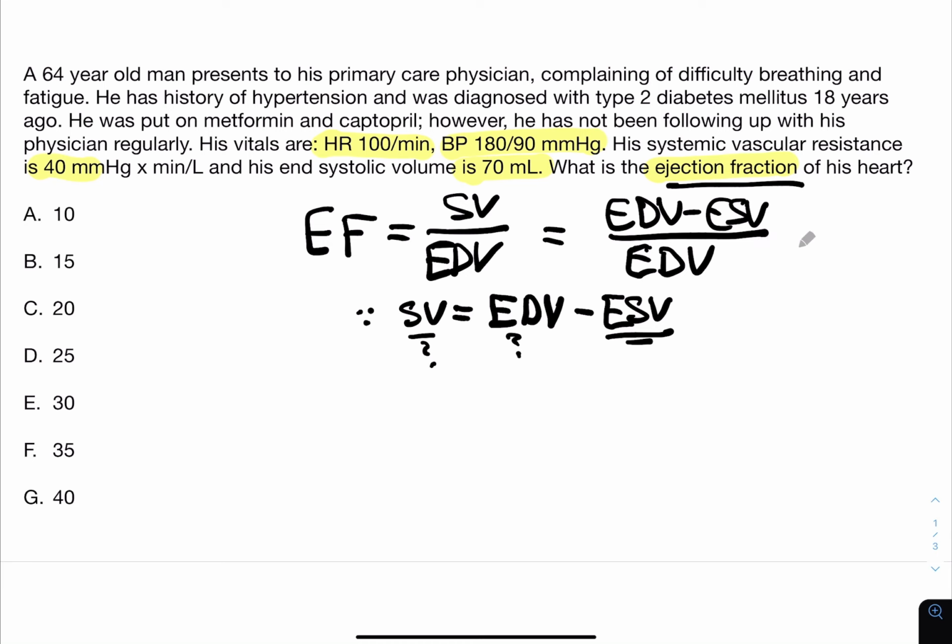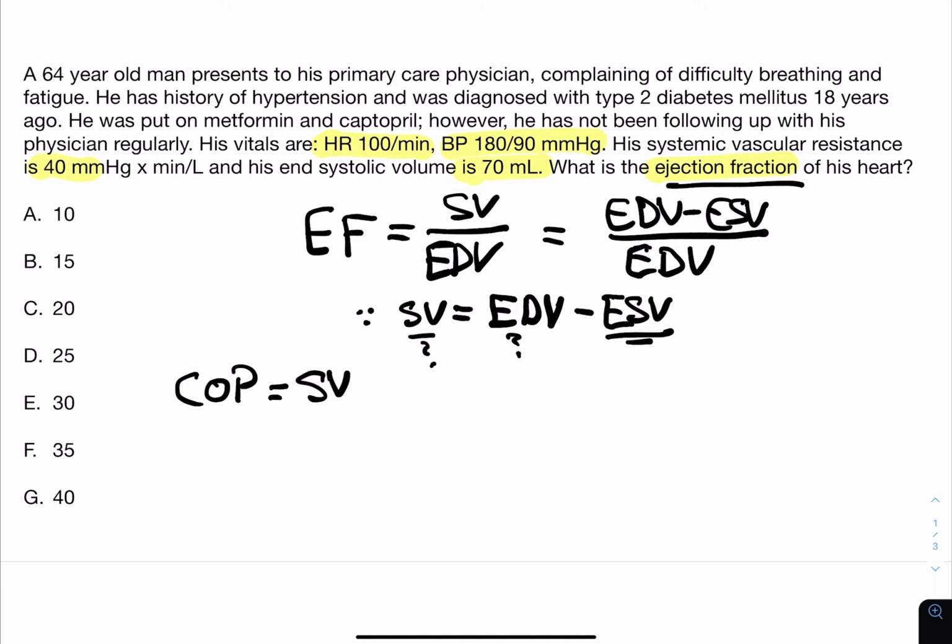So what other formulas could we think of that bring the variables given in the stem together into one formula? Okay, so we have the heart rate, blood pressure, SVR. Okay, there's one formula: cardiac output equals stroke volume.